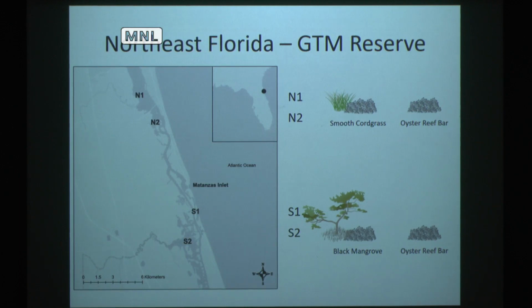And I also had 2 sites on the south where oyster reefs were adjacent to black mangroves, and also oyster reefs that had no immediate vegetation adjacent. And as I had sampled oyster reefs with no immediate vegetation adjacent, these serve also as my regional controls in case there were any differences depending on the seascape location, north versus south.